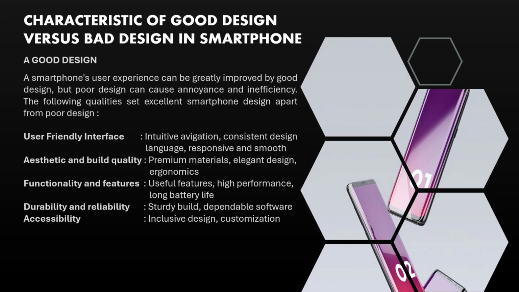The next slide is the characteristics of good design versus bad design in smartphones. A smartphone's user experience can be greatly improved by good design, but poor design can cause annoyance and inefficiency.